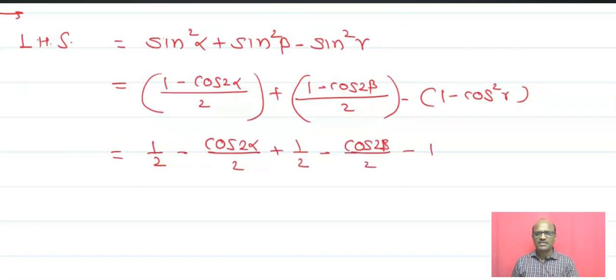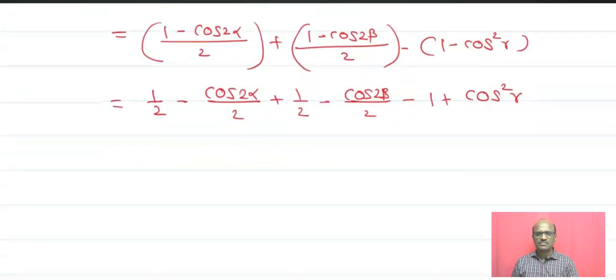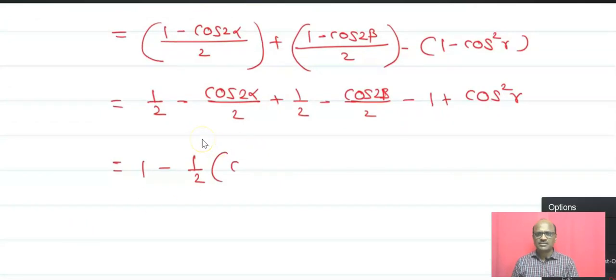I'm repeating again here. Apply the formula and split this up: that is 1 upon 2 minus cos of 2 alpha upon 2, plus 1 upon 2 minus cos of 2 beta upon 2, and minus 1 plus cos square gamma.